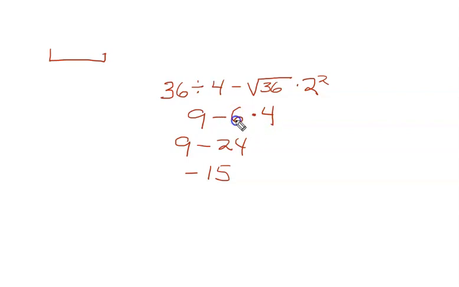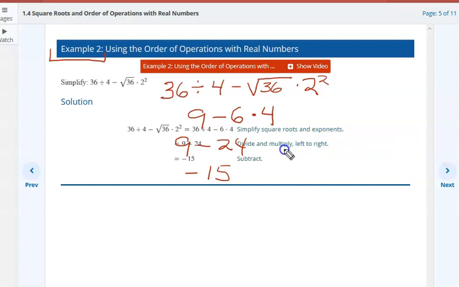So negative 6 times 4 is a negative 24. And subtracting that from a 9, we end up with a negative 15. And if we look at the work, going back to our problem, we see a negative 15.